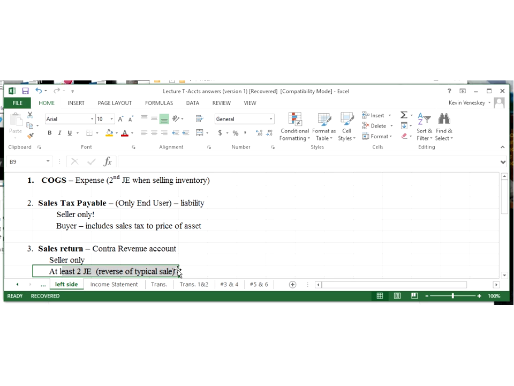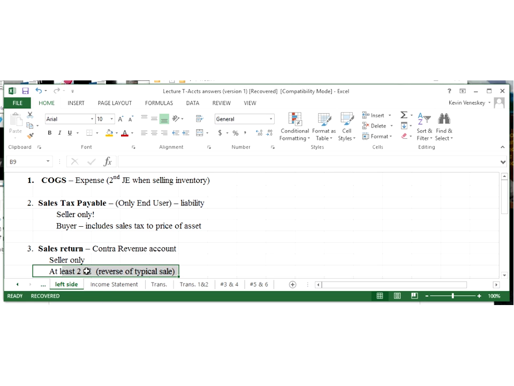A sales return, when you're the seller, will look just like a normal sale. It will have 2 journal entries, and they would be just a reverse of what the regular sale entry looked like. So instead of having a debit to your account receivable and a credit to sales revenue, you're going to flip it. You're going to have a debit now to sales return and a credit to AR. You're taking money off of their bill. They don't owe you for that anymore.